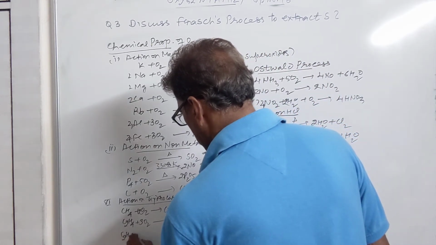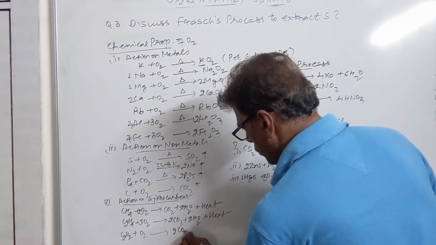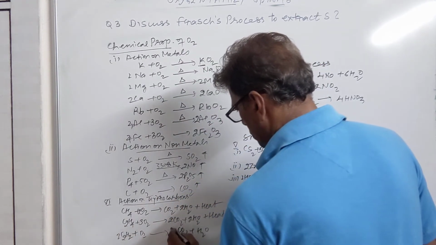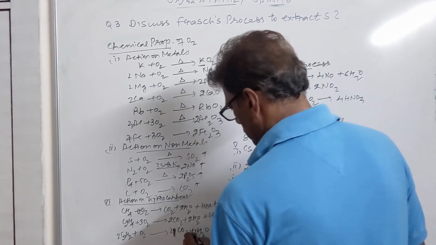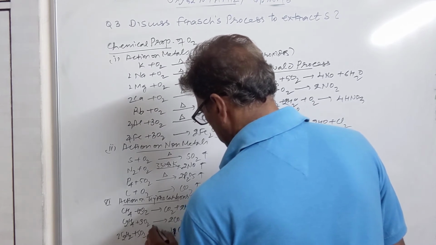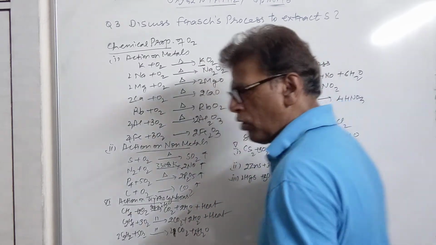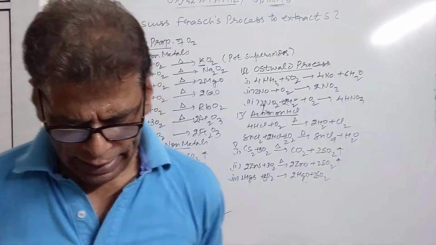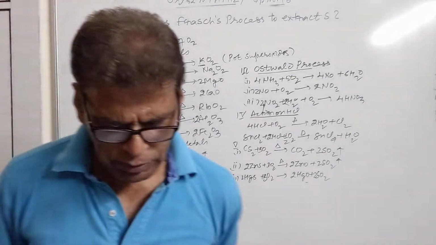Similarly, acetylene, which is also used in the oxy-acetylene flame for welding purpose. All of these are ignited. So this combustion of hydrocarbons forms the basis of use of hydrocarbons as fuels in the domestic or industrial purposes.